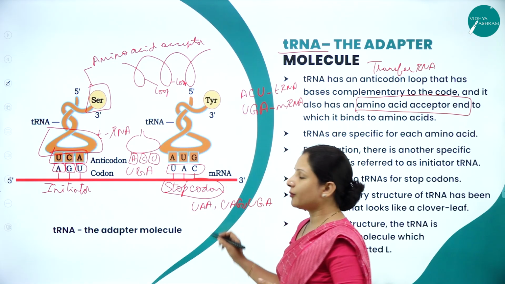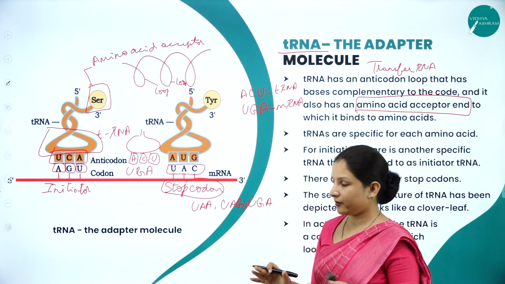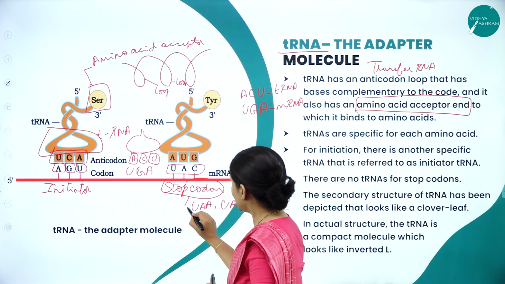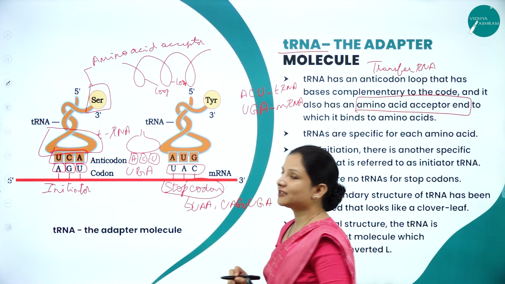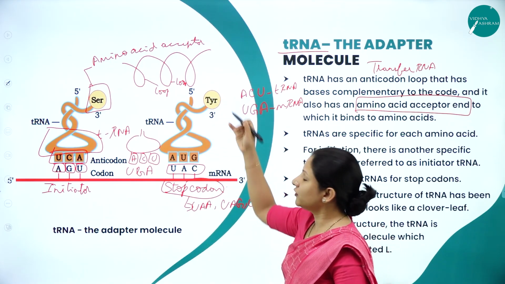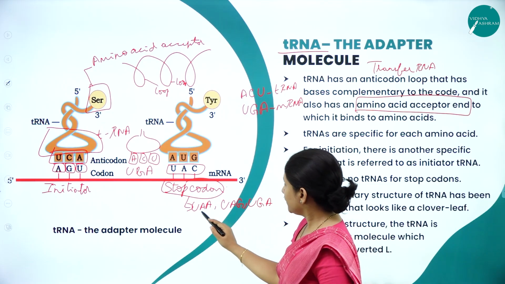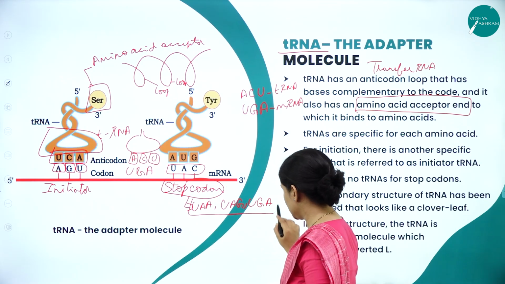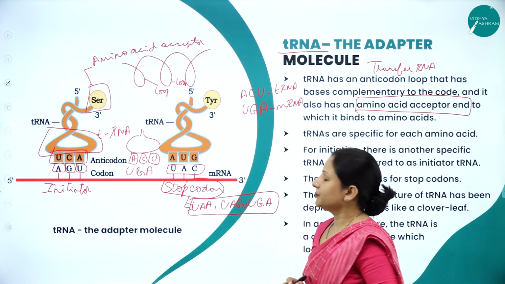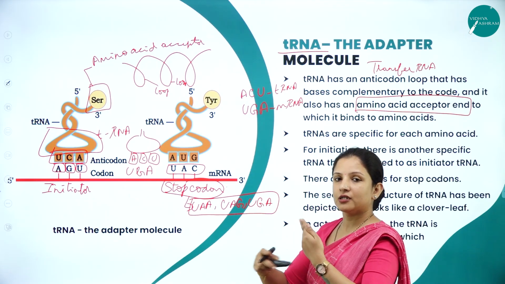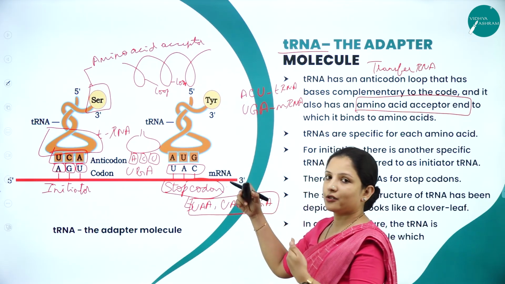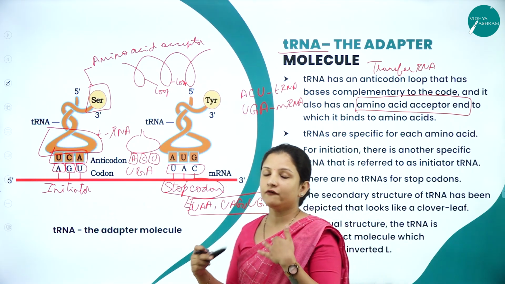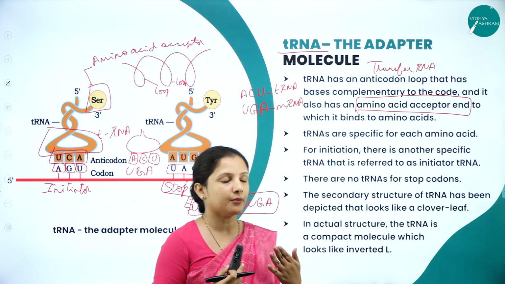So until the stop codon is reached, remember, UAC is not a stop codon because it codes for the amino acid tyrosine. Until it reaches UAA, the arrival of the tRNA on the strand will keep on continuing to code for particular amino acids.